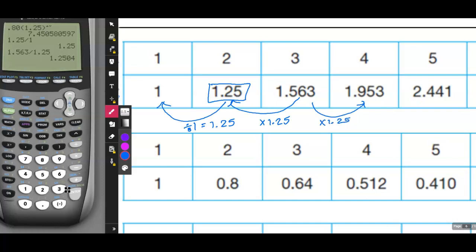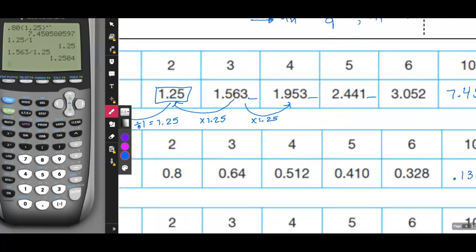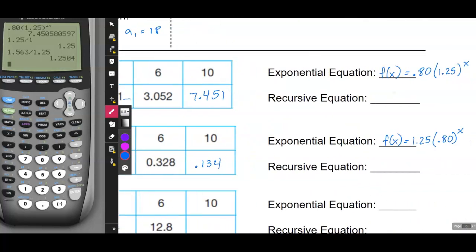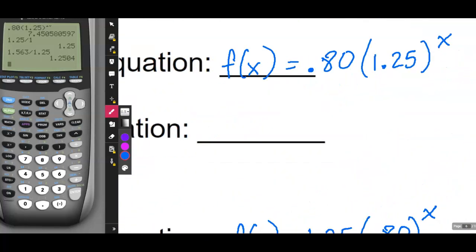Now, it's not an exact multiplication because what they've done is they've rounded each one of these. So that means that it's not giving you the exact rate. But we can round and the rate is 1.25. Now, another thing that you could have done to figure out what you're multiplying by is the base in our exponential equation is always going to be what you multiply by.